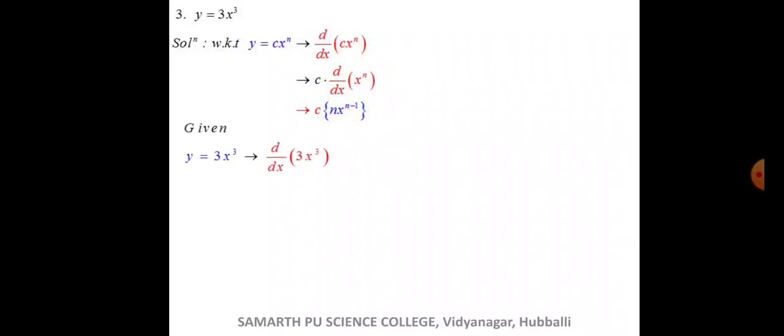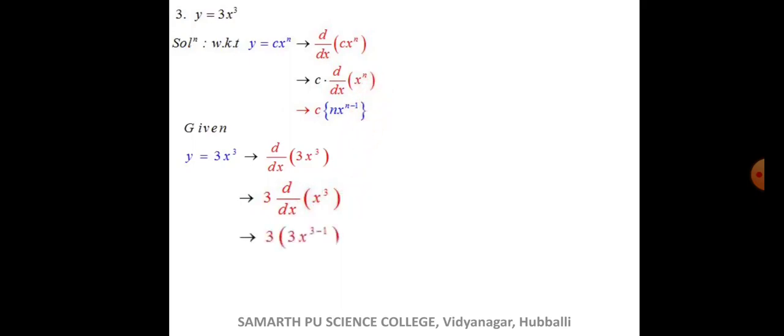So comparing, given is y equal to 3x cube, and comparing with y equal to c into x to the power n, we have n equal to 3 and c equal to 3. This can be written as d by dx of 3 into x cube, because we have to find the derivative of this function. Here c is a constant, that is 3 is a constant, times d by dx of x cube, and by the formula it is n into x to the power n minus 1.